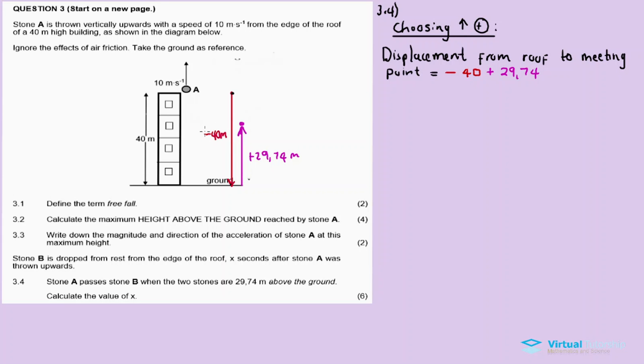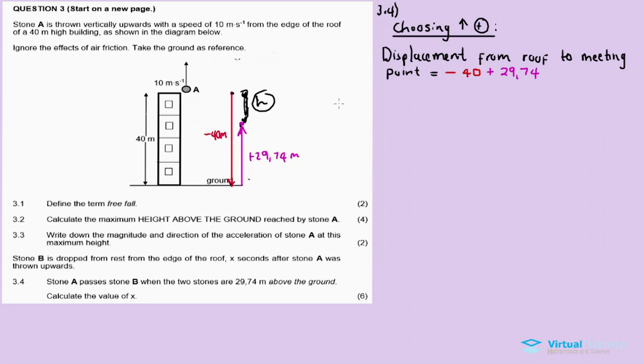Then the plus 29.74 is the distance from the ground to the point where the two meet, right? The displacement from the roof to the meeting point is this distance. By adding the two displacements, we get the net displacement, which is represented by the black line, right? This line.